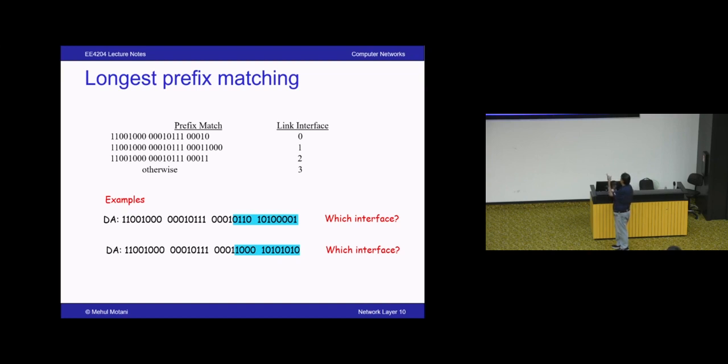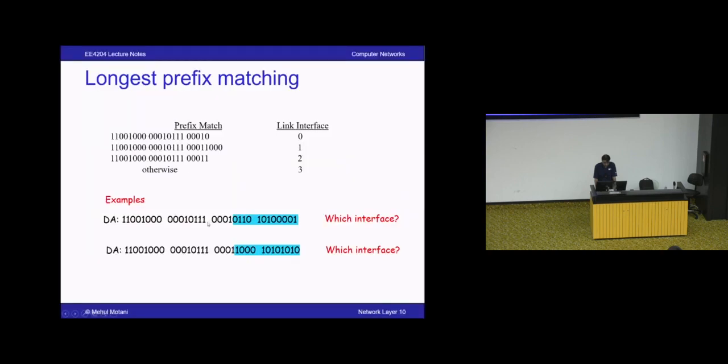If the destination address looks like this first one here, right? So we basically do longest prefix matching. So which interface would this be routed on? Yeah, you just look at this and figure it out. Which is the longest prefix match for this IP address?